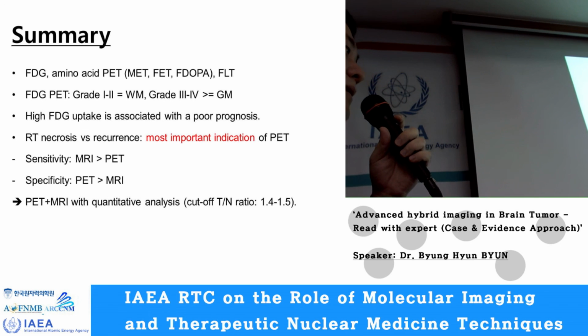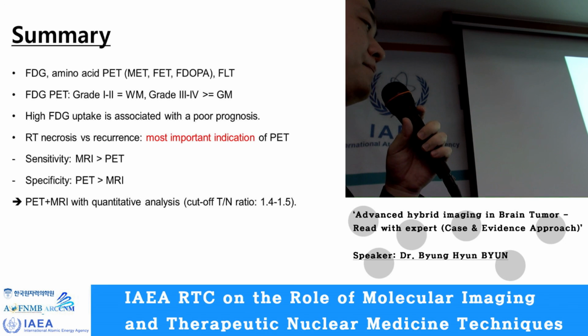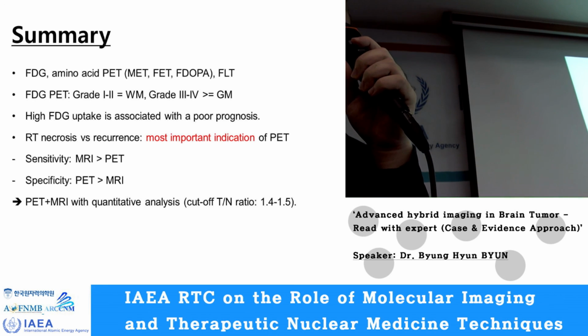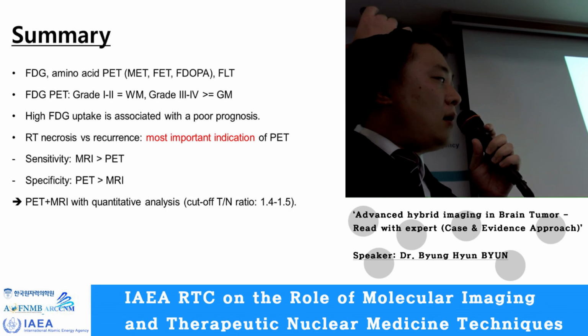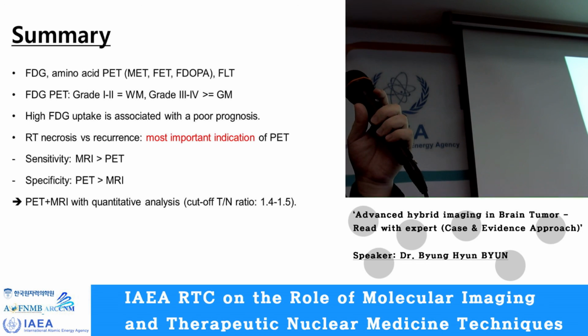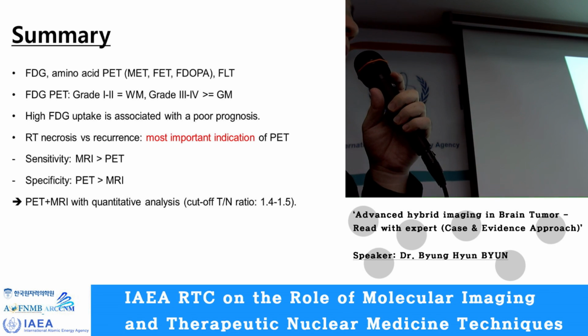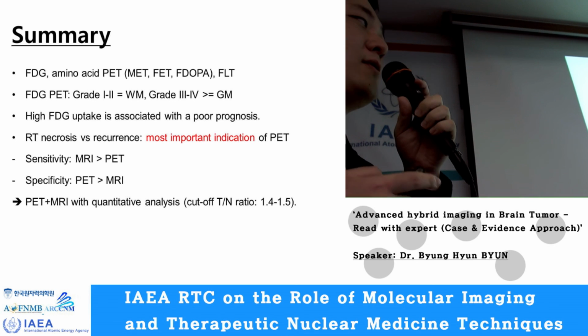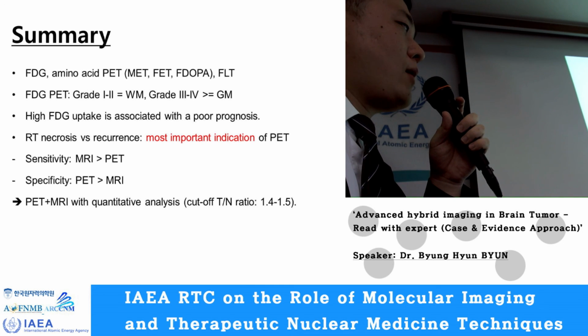So personally, I recommend the use of PET and MRI for the diagnosis of brain tumor recurrence. When we use amino acid PET or FLT PET, we can calculate the tumor to normal brain SUV ratio, and the cutoff value is 1.4 or 1.5.